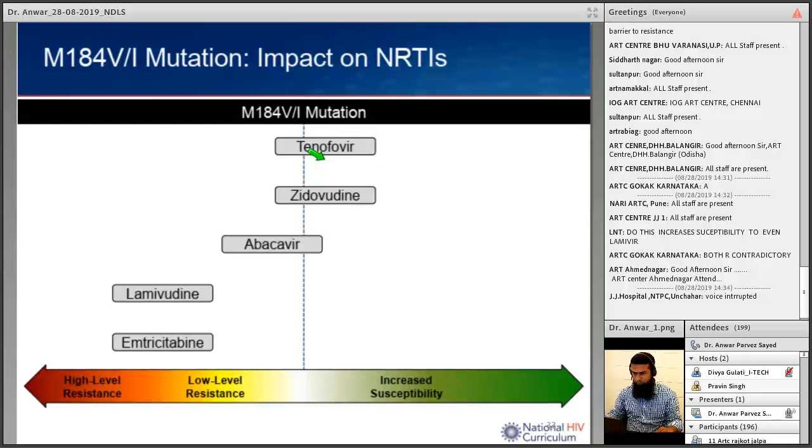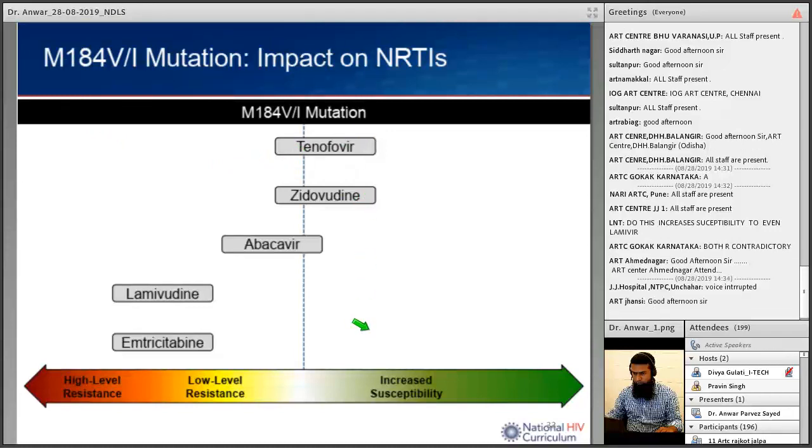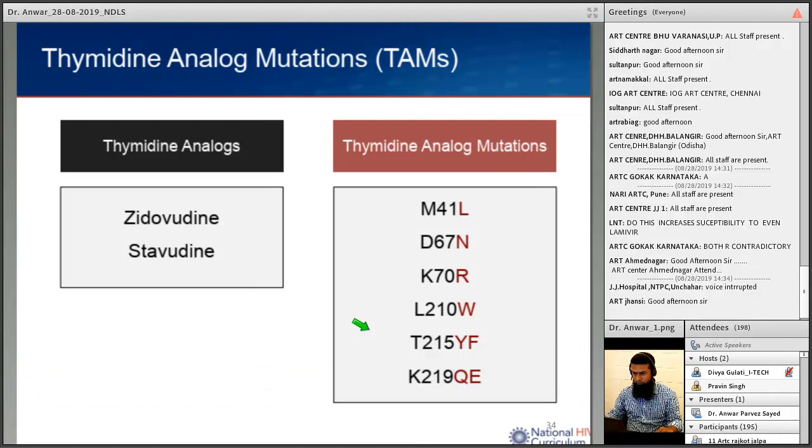So the zidovudine which we are using in the second line is much more effective than before because its susceptibility has increased. So maintaining a particular mutation is actually good for a successful outcome of treatment, which is a good thing for us. That is why lamivudine is used in the first line and also in the second line in the NACO program.